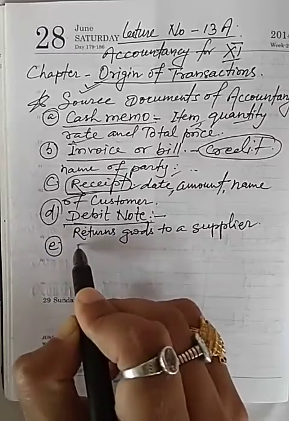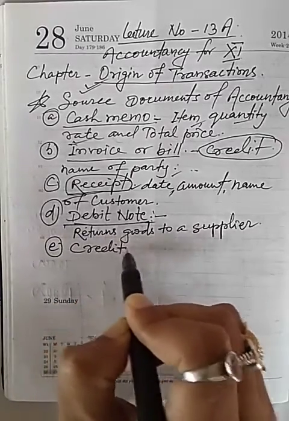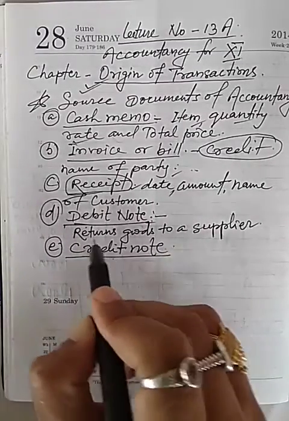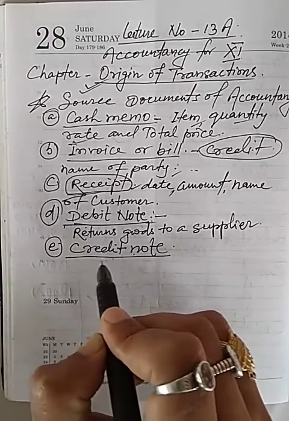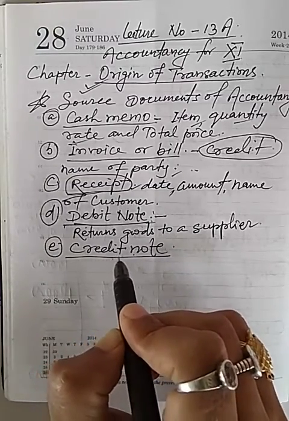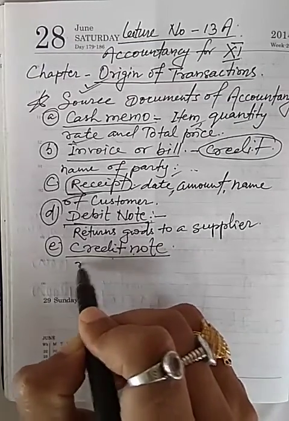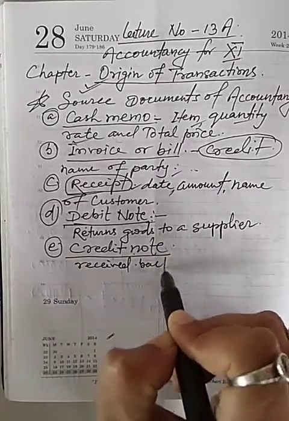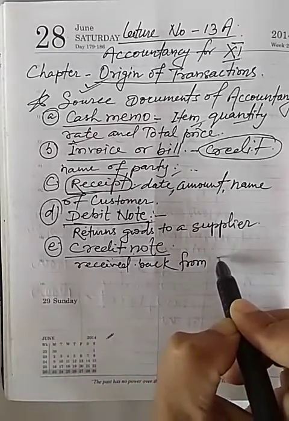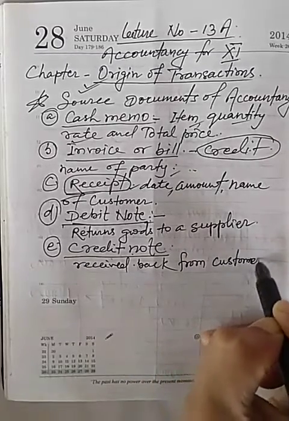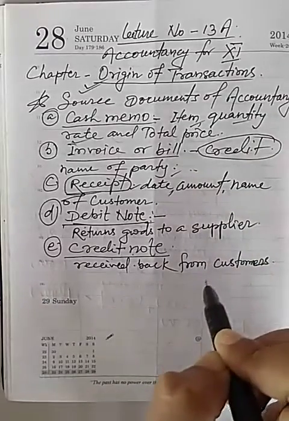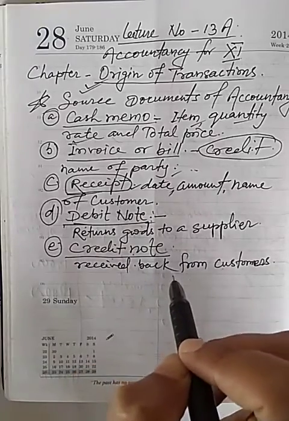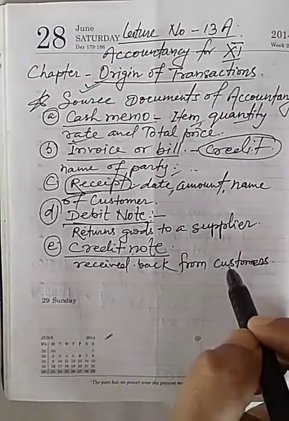Now, the next source document is credit note. Credit note is just opposite to debit note. When goods are received back from customers, a credit note is sent to him indicating that the customer's account has been credited in our books.